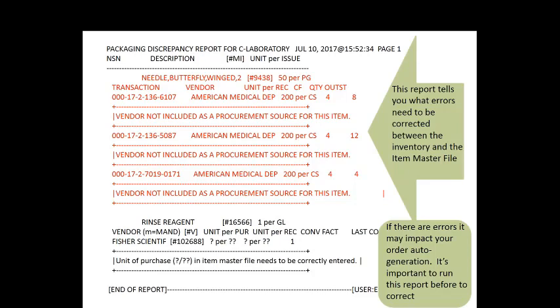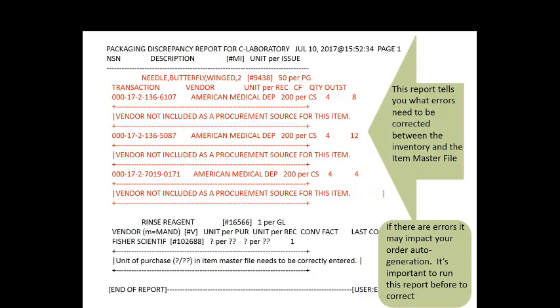Some errors captured by this report, if not fixed, can cause you not to be able to correctly perform an auto-generation, which will affect your ability to properly auto-generate orders, thus running the risk of stock outages. This report looks for different errors between the primary inventory point and the item master file.